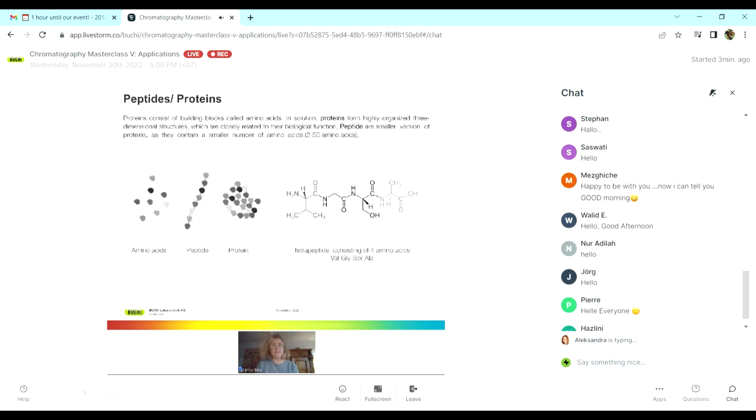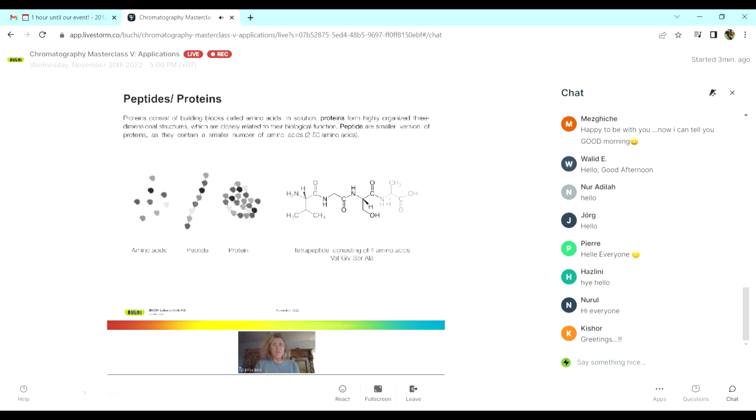So proteins consist of amino acids. There are in total 20 different amino acids. And in solutions, these proteins form highly organized 3-dimensional structures, which are closely related to their biological function. For example, proteins can give shape to cells, or they can respond to signals transmitted from the environment.